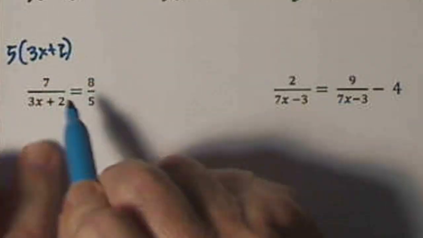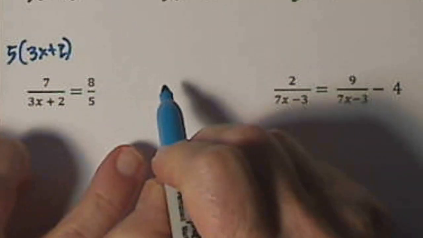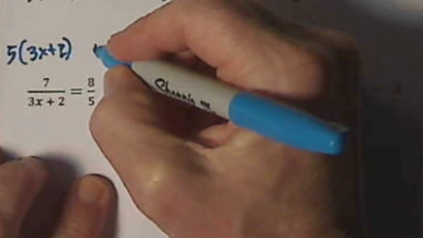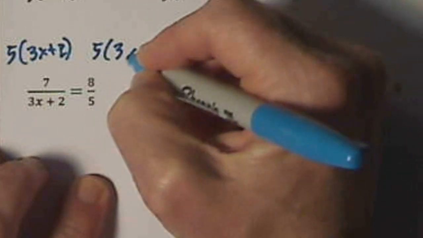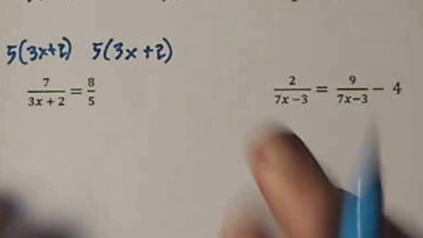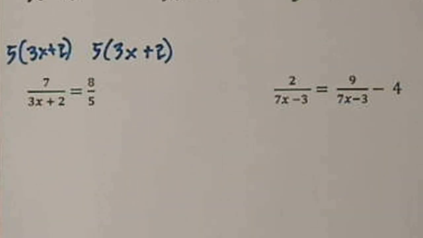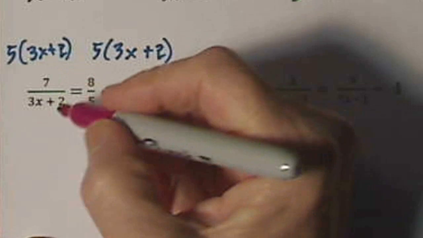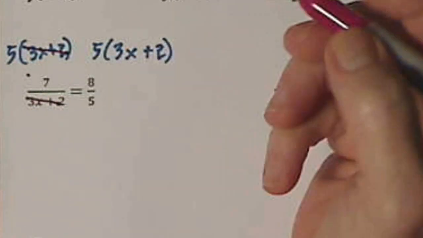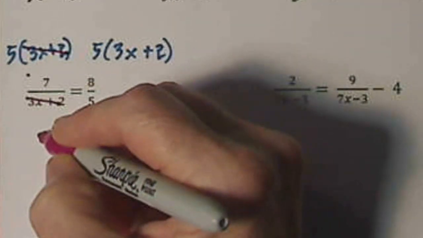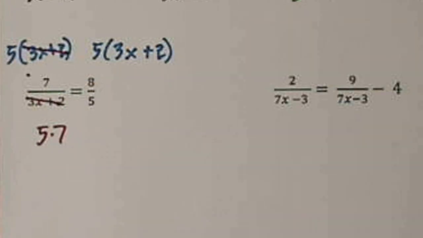So I'll just write 5 times 3x plus 2 on this side of the equal sign, and then on the other side of the equal sign I write the same thing, 5 times 3x plus 2. Now we cancel. 3x plus 2 goes into 3x plus 2 once, and you have 5 times 7. I think I'll just write it as 5 times 7. Again, it doesn't matter. I could have written a 35 there.